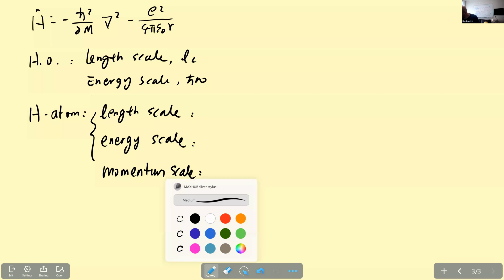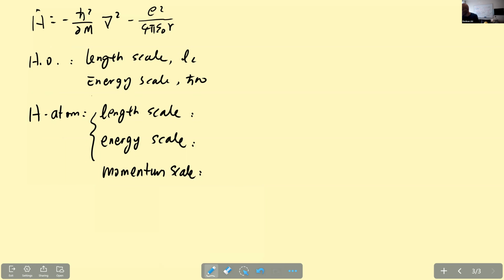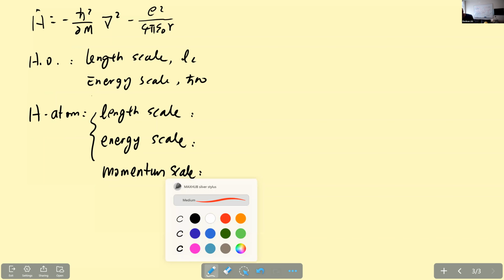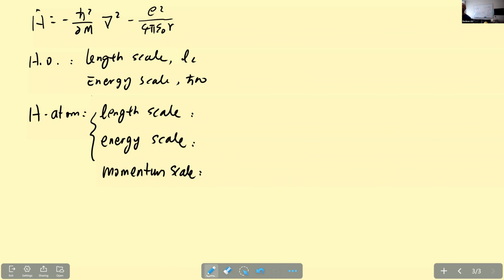To do this, you can have h bar squared over 2m. Remember, this one has a dimension of length to the -2. So if we multiply by a length scale squared right here, this will be dimensionless.